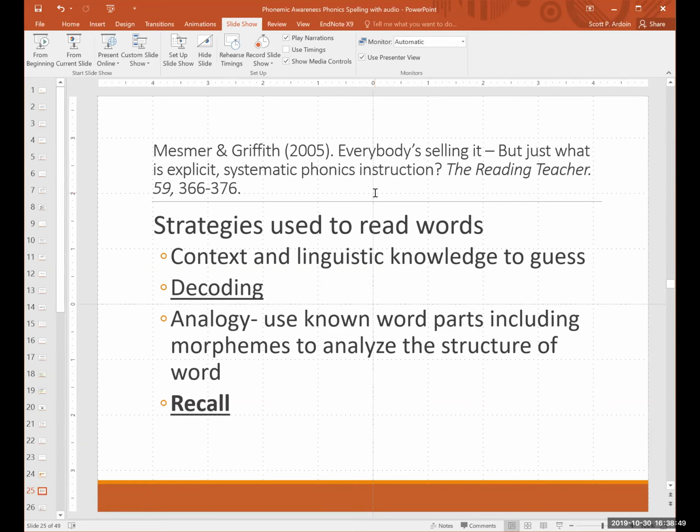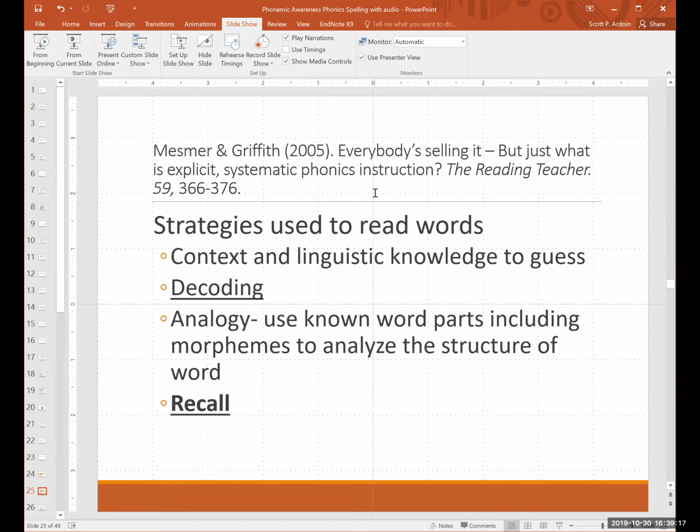They say that phonics, along with other strategies, is used to recognize words, according to Ehri. So Ehri suggested four strategies that a reader might use to recognize a word. They might use predicting, which is using the context and linguistic knowledge to make a likely guess. So while you're reading the passage, a student might use the context of what they've read already and linguistic knowledge to make a likely guess.